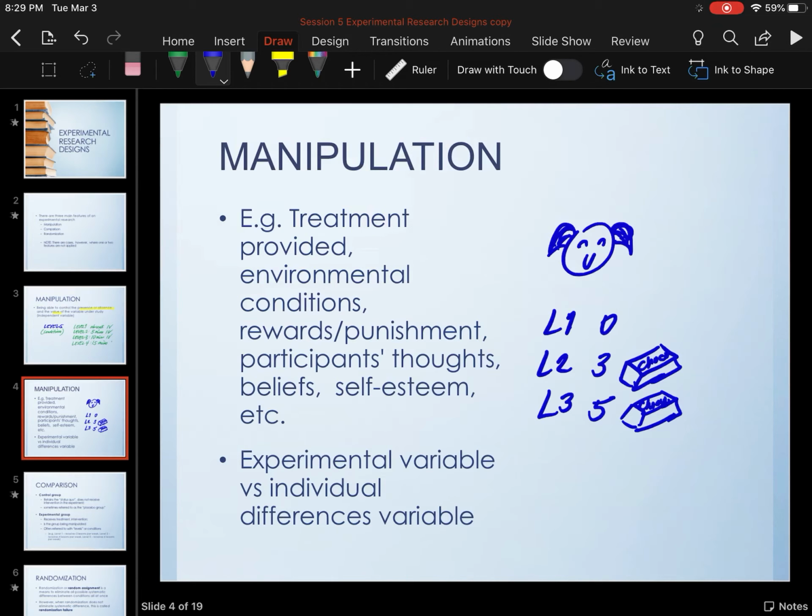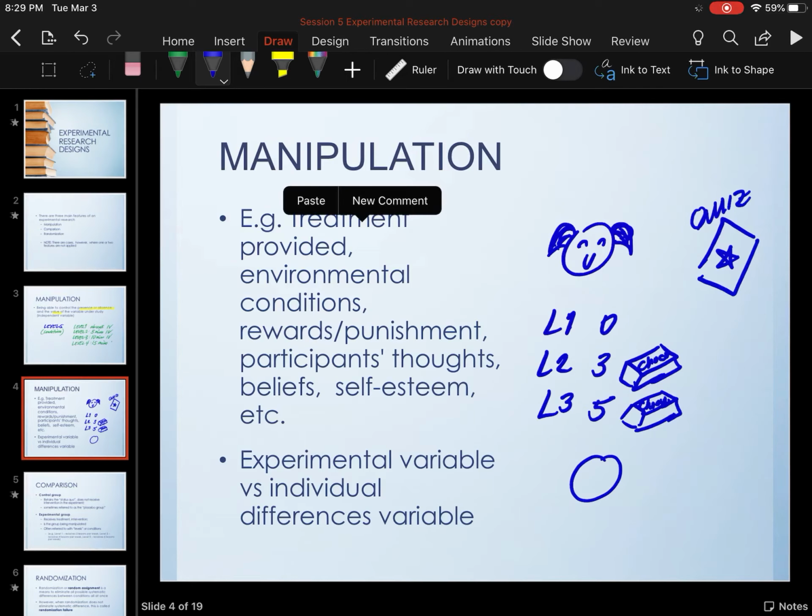You hope to see whether those chocolate bars will motivate a kid to perform better in a quiz. But then, after you get your results, one of the moms of the kids tells you, well, my kid actually does not like chocolate bars. Okay? My kid doesn't like chocolates in general.